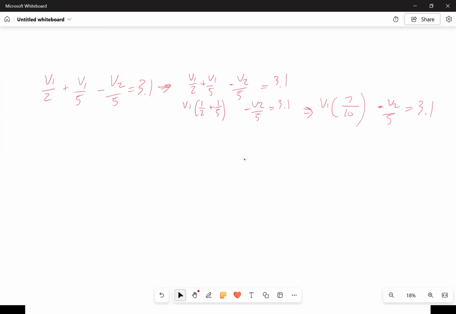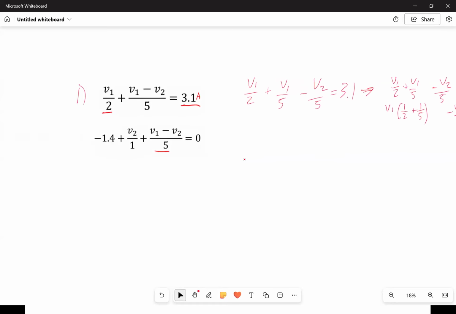So far, so good? All right, let's do the second one. So I'm going to move the negative 1.4 to the other side. So I've got equals 1.4. And then I'm going to take the V1s and move them out front. And then I'm going to take the V2s and sort of lump them together.